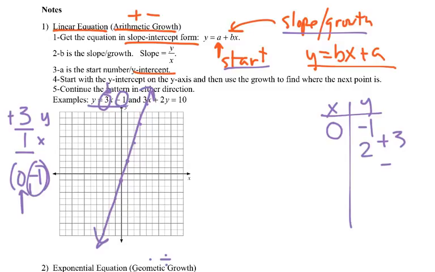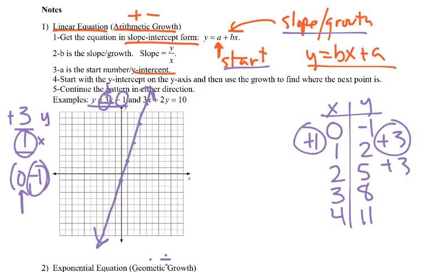Because there's no number under it, we always assume it's 1, so on the left we're adding 1 each time. So every time my x goes up by 1, my y goes up by 3. There's that same slope that we see when we go up 3 to the right 1. And that's how we graph it.